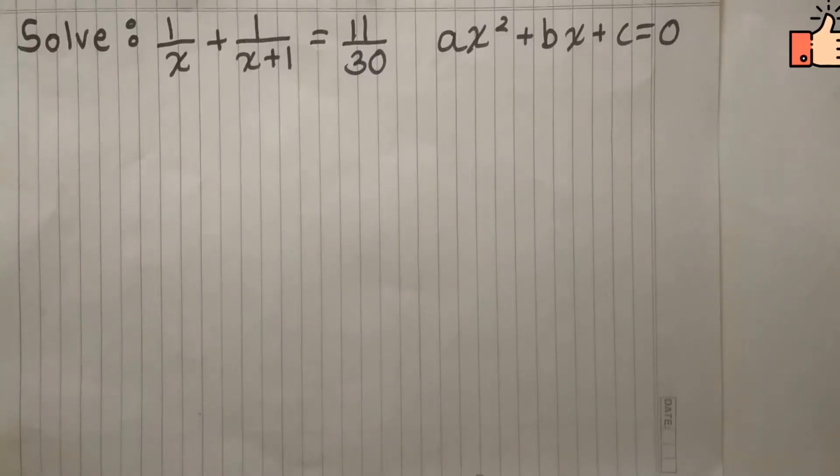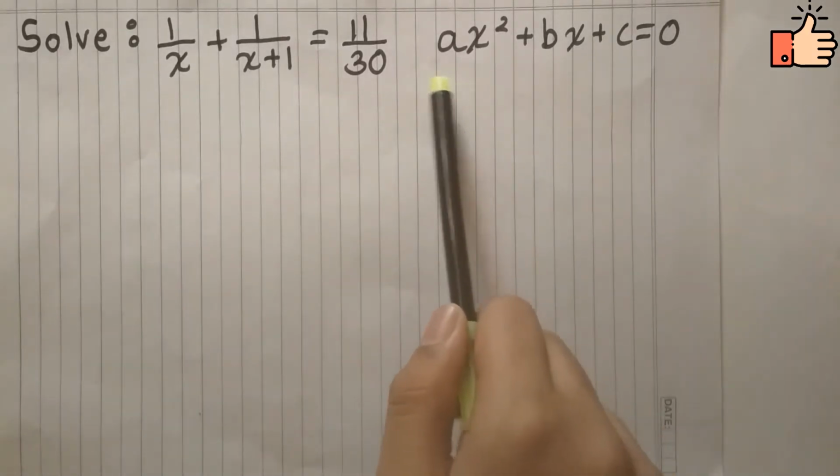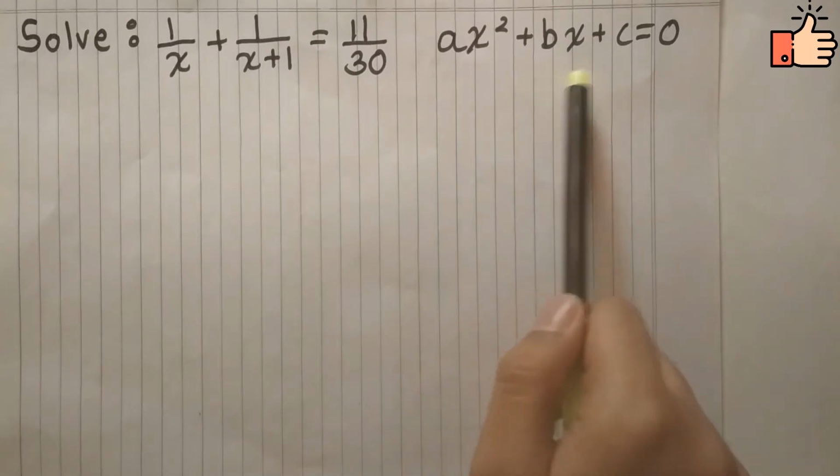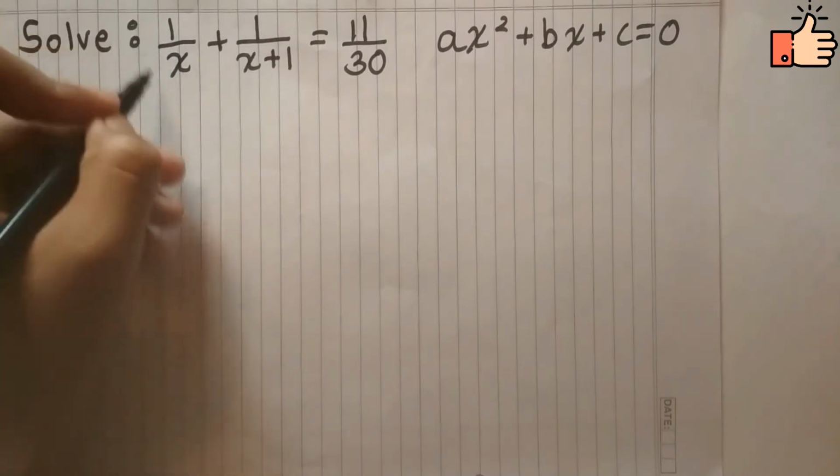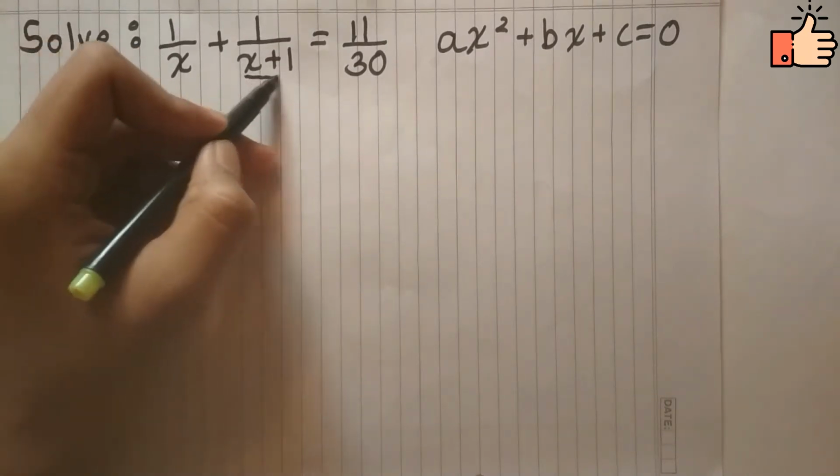So the question is 1 upon x plus 1 upon x plus 1 equals 11 upon 30. And we have to get this equation into the standard form ax squared plus bx plus c equals 0. So for that, first we'll add these two fractions by multiplying the numerator and denominator of the first fraction by x plus 1.